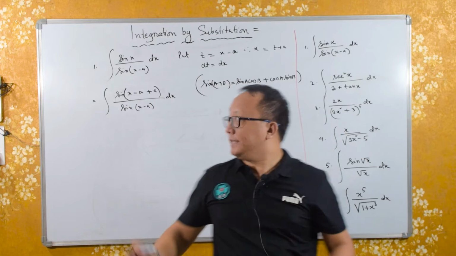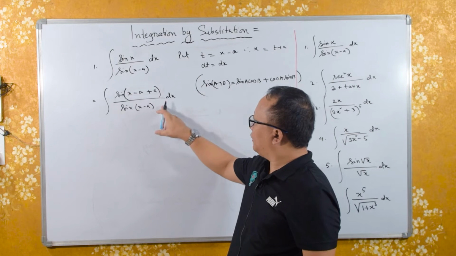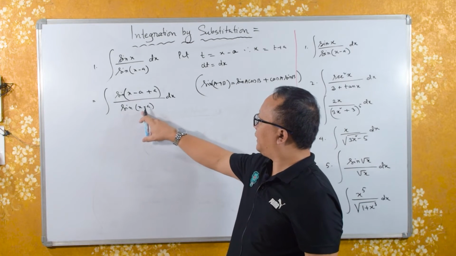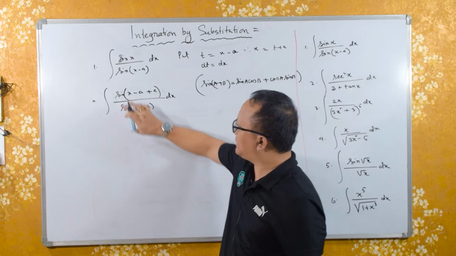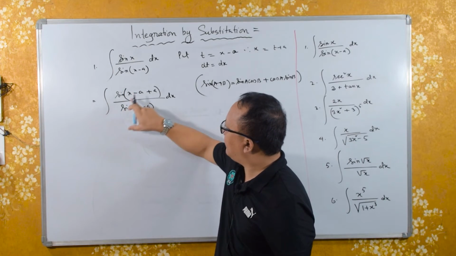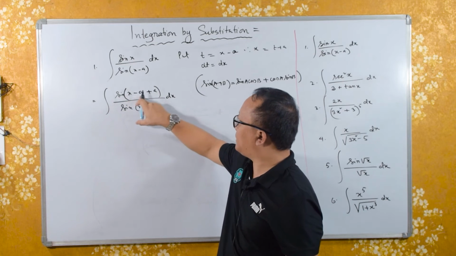Why? Because minus a and plus a get cancelled, and sine x is same as this. Since in the denominator we have x minus a, in order to get the same angle, I can say instead of x, x minus a plus a.